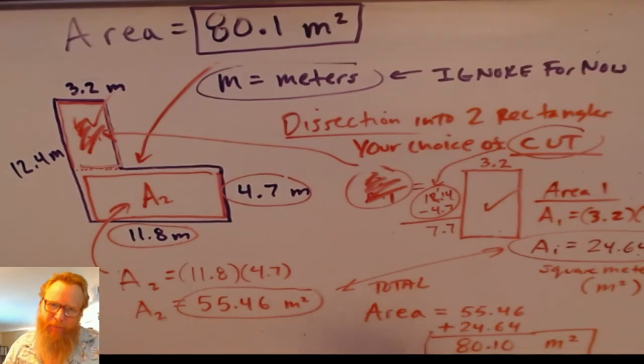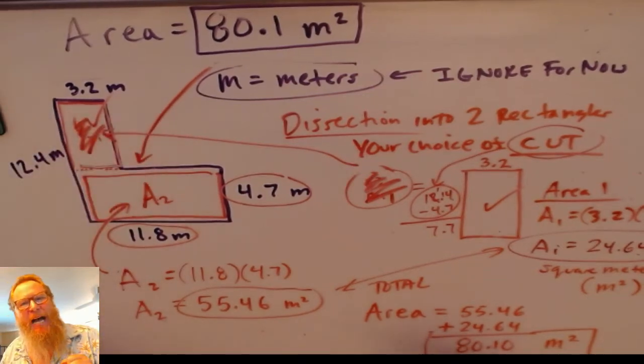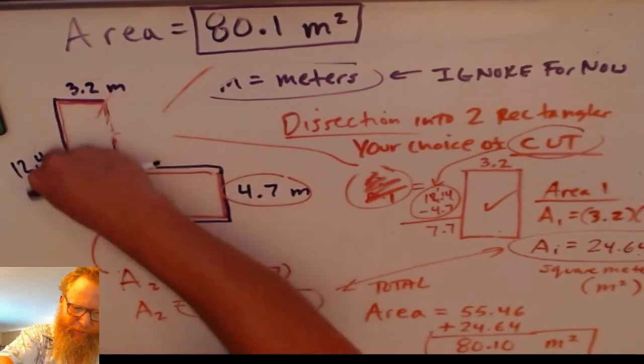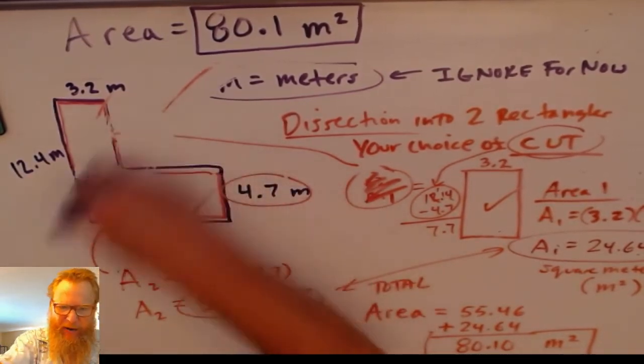Perimeter's a little tougher, all right? With perimeter, you don't so much do the dissection. You just have to fill in the missing sides. Remember, perimeter is the outer measure, right? Perimeter.